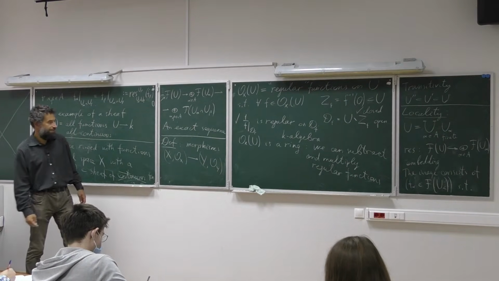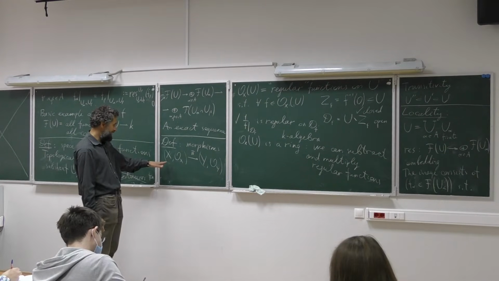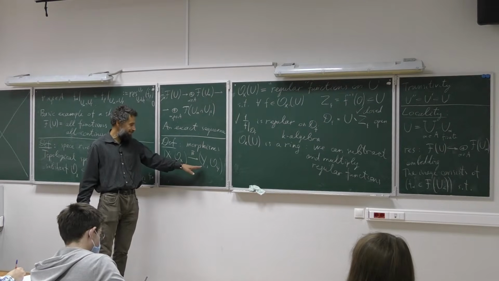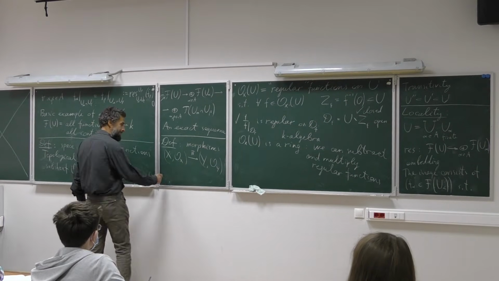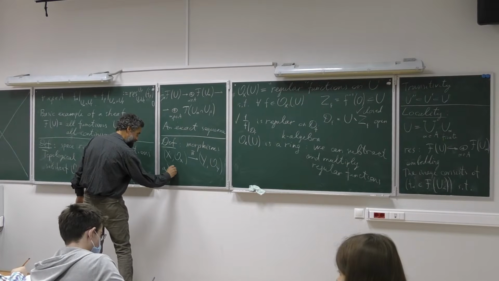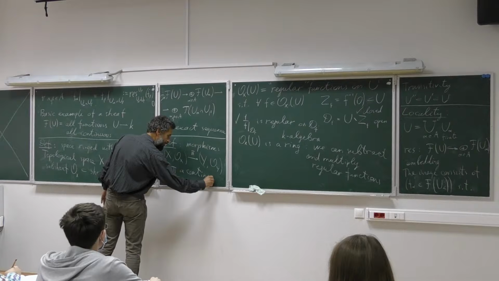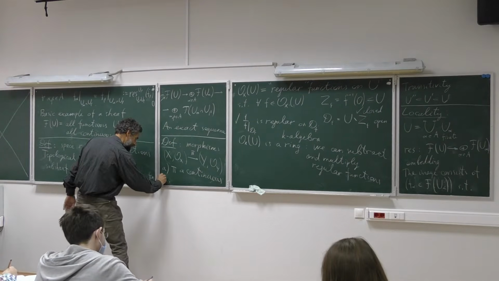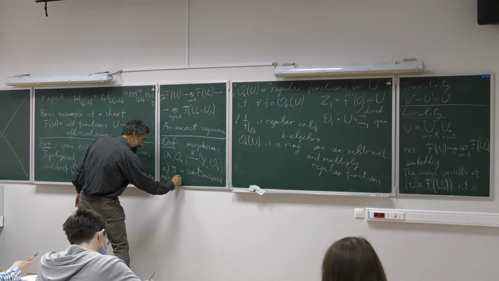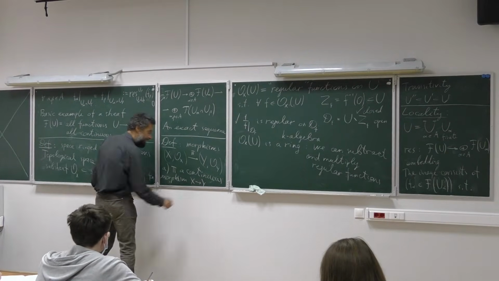And what is a morphism, say pi? First of all, it's a continuous map between these topological spaces, from X to Y.